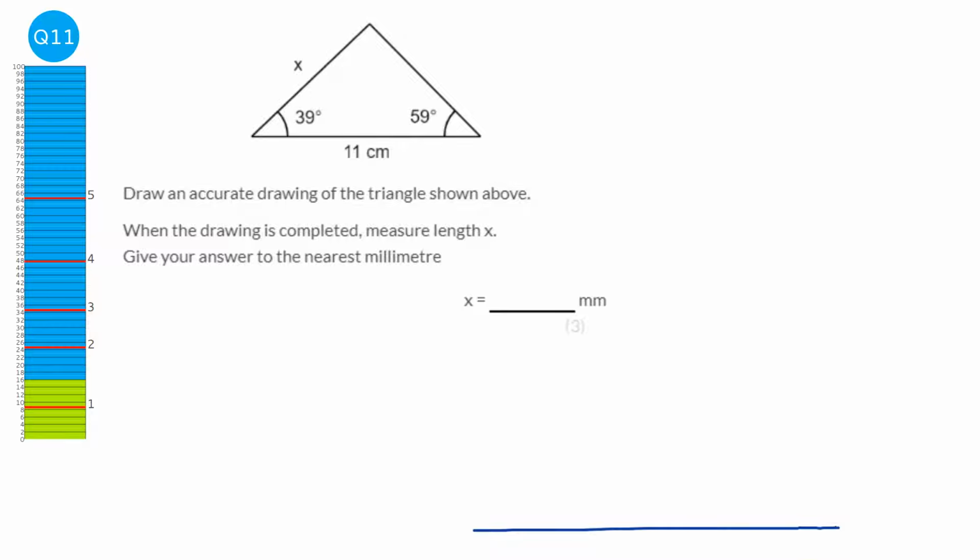And what I'm going to do is put my protractor on this end here. So I've kind of got my protractor here. And I'm going to just have a look at getting 39 degrees. Now you've got to be careful because 39 is on the inside, and I'm just going to do a dot.